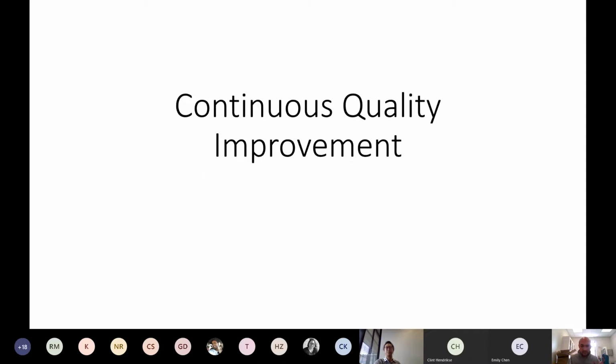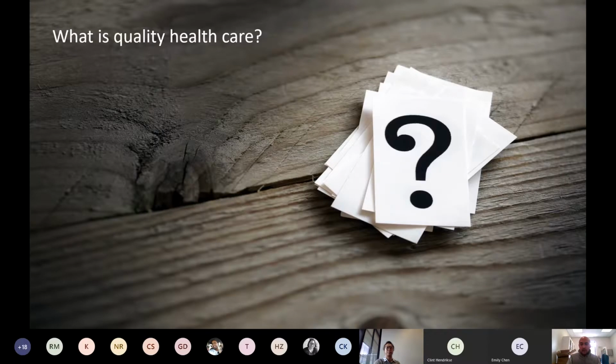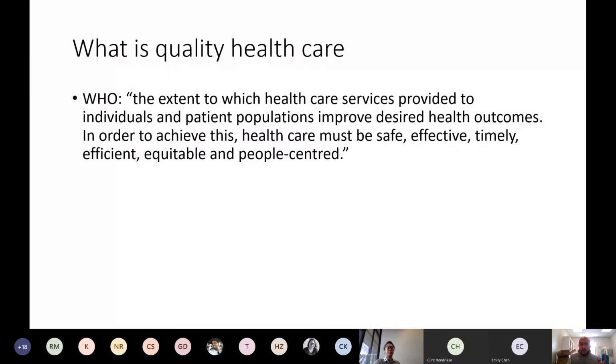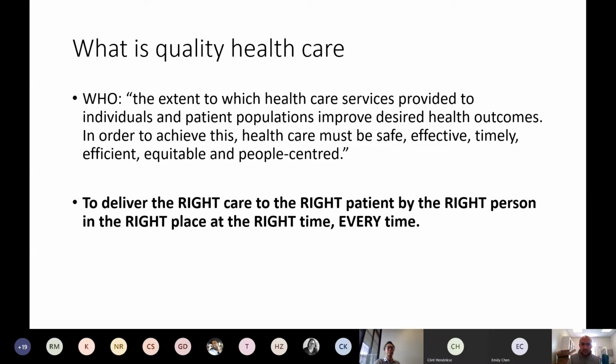My next one, my second part, is about quality. What is quality? The WHO defined it with a long definition. It's about the extent to which healthcare services provided to individuals are safe and effective and all those things.